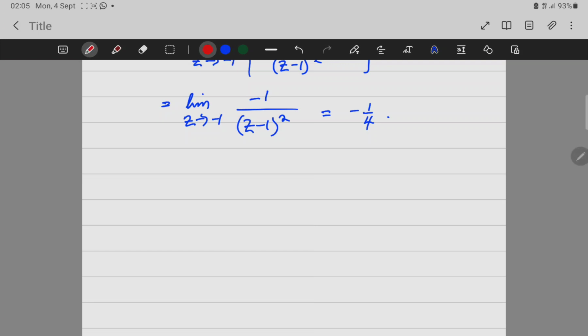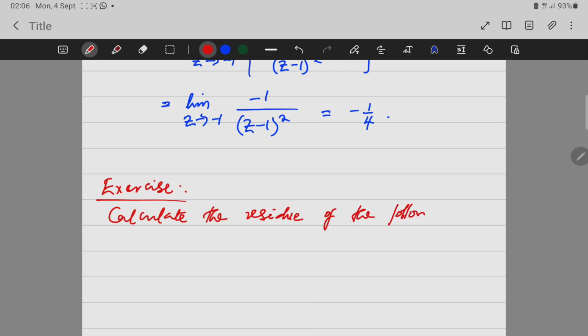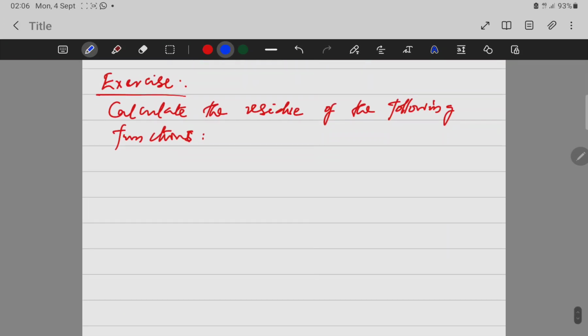Now let me give you an exercise. Calculate the residue of the following functions. 1. f of z equals (z squared plus 1) divided by (z plus 1) squared into (z squared minus 1).